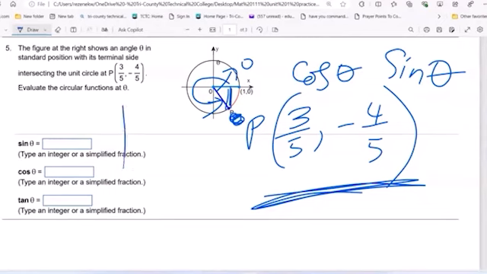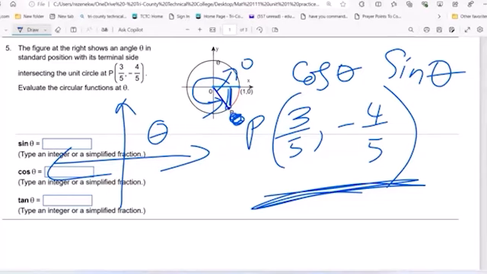Before we continue, let me just make sure. Look at the reference angle. The reference angle in the first quadrant is that theta. Reference angle, let's draw it here. This is called reference angle. I use phi. Phi is not the same as theta.